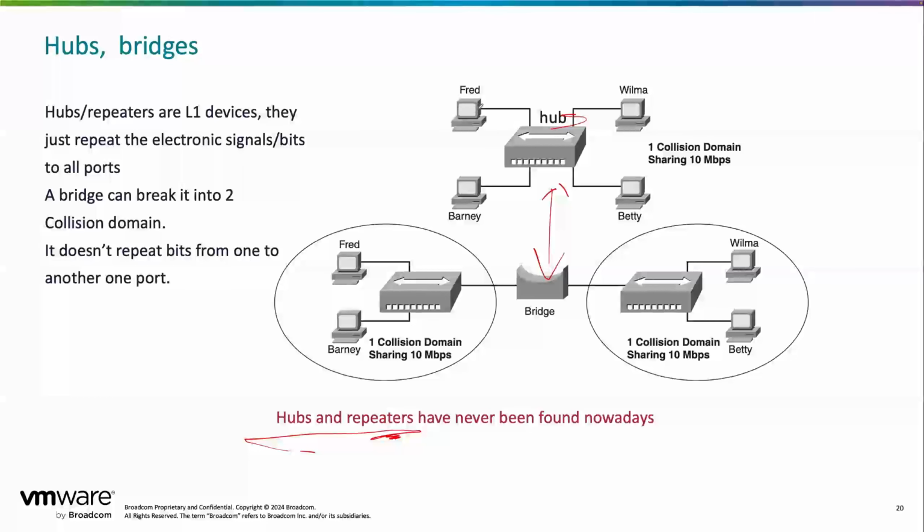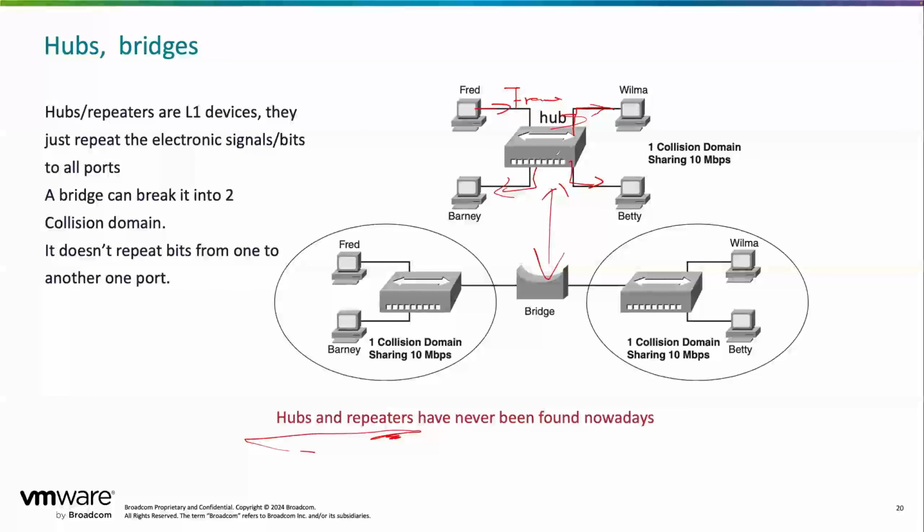For example, when Fred sends out a frame, a hub just replicates this electrical signal and sends it out all of the ports.